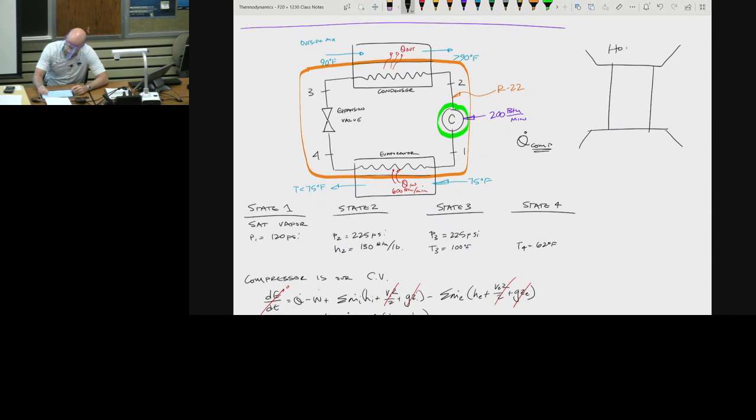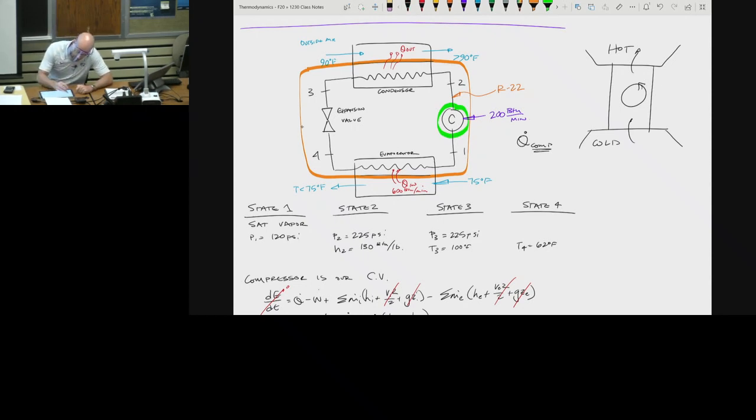We had a hot reservoir, we had a cold reservoir, and we had this system going around here like this. See this little circle that we've drawn here? That is now what this system is. Here's where the hot and here's where the cold is coming in. So it's a bigger, more detailed version of this very simple diagram that we had here.